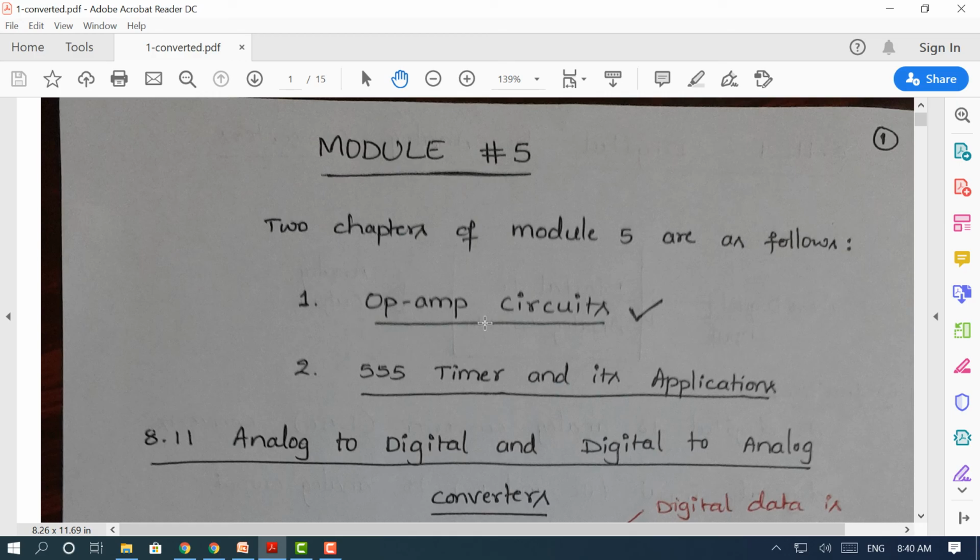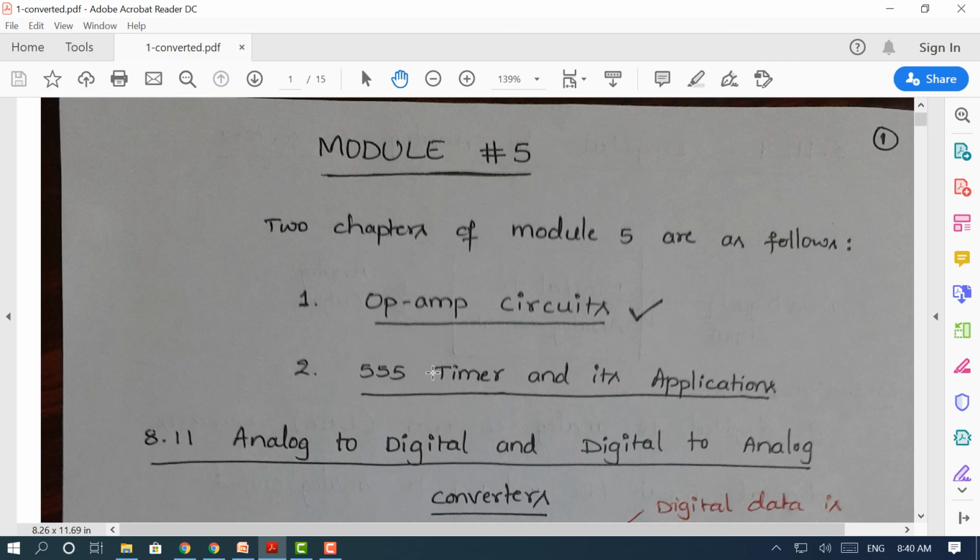The extension of module 4 is in module 5. Even in module 5, we are going to cover a few important op-amp circuits, namely analog to digital converters, digital to analog converters, etc. Along with this, we have one more chapter on 555 timer and its applications. We will see how to build various applications using 555 timer.